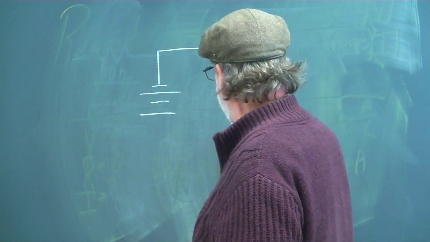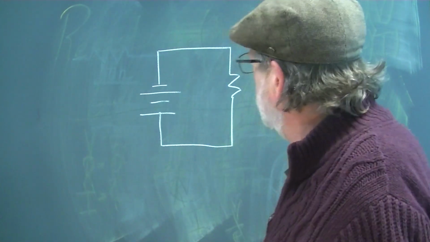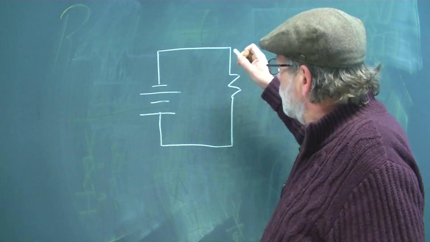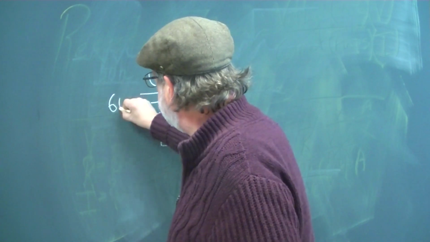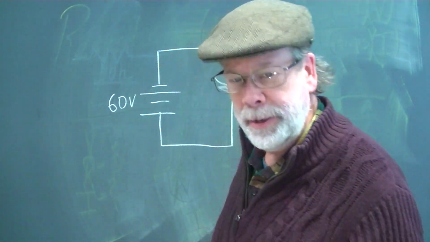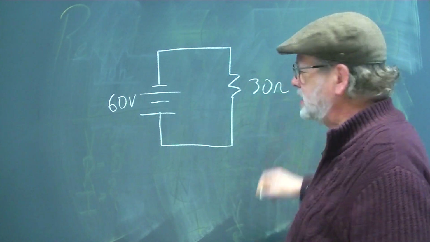There's a battery, there's a resistance. So the battery increases the potential difference amongst the electrons, gives them some electrical pressure, and the resistance decreases the electrical pressure. Okay? So, well, if I put some numbers in here, how about if I say this is a 60 volt battery, and we have a 30 ohm resistor here.